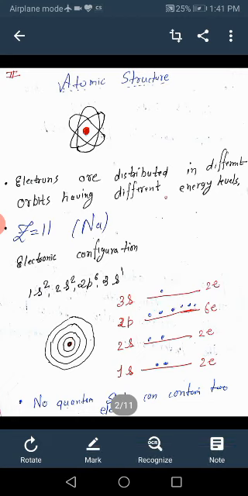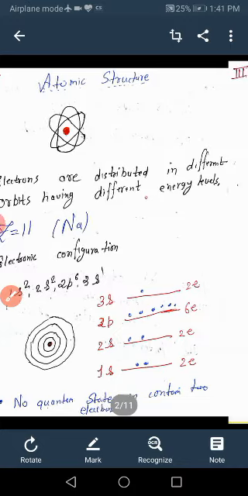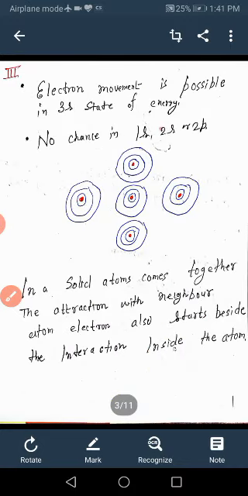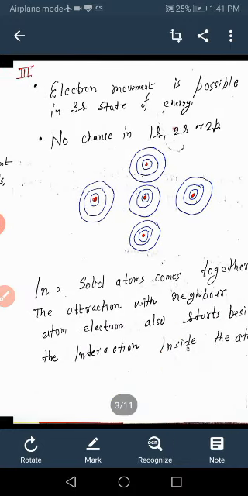If we provide some kind of energy, then the electron movement in the 3s state is possible.